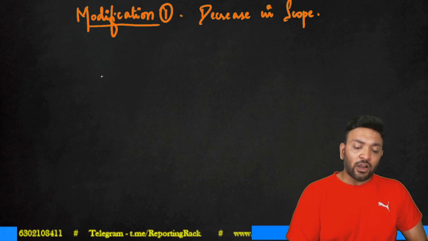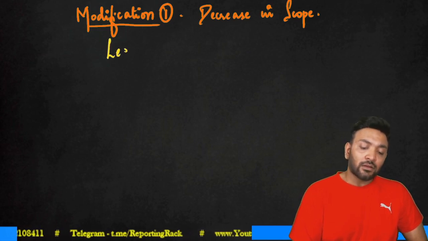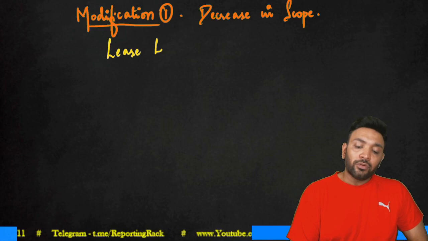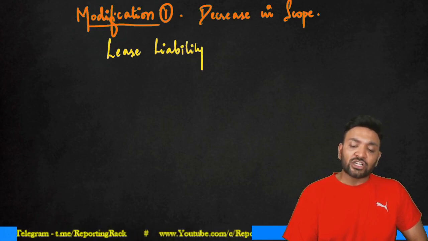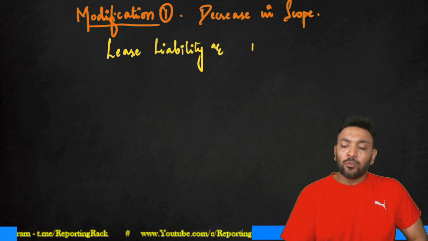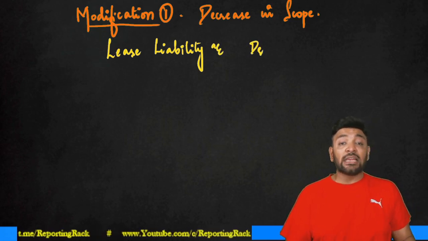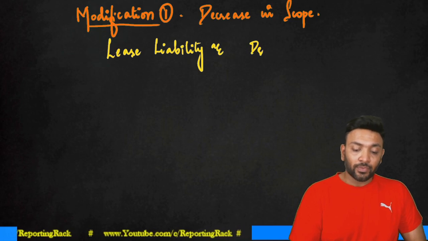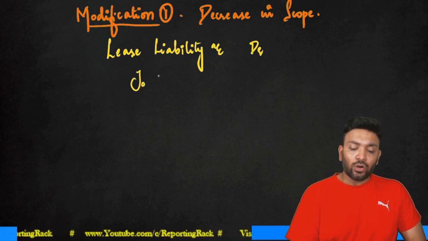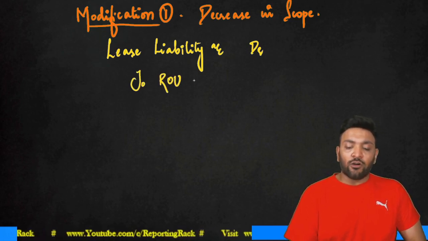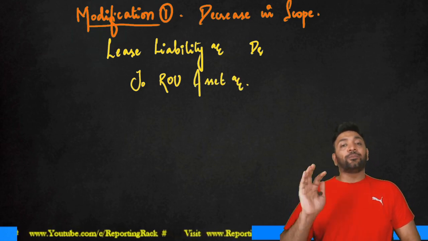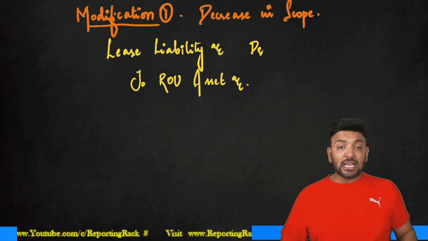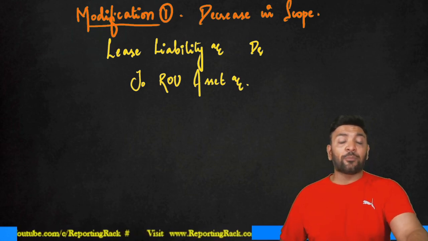My entry to be recorded is: lease liability account debit, the reduction in value of lease liability because it has been reduced to 3 years, to reduction in value of ROU asset, and the difference should be transferred to P&L. I'll leave some space and write the entry at a later point of time.